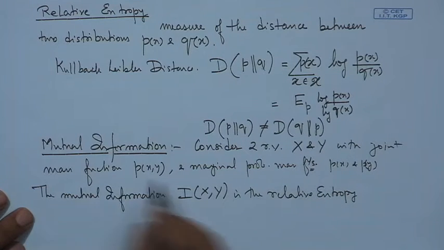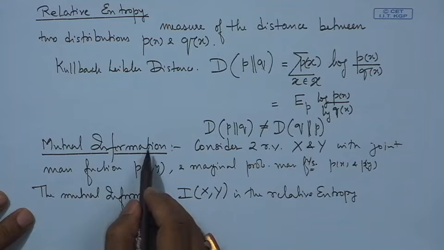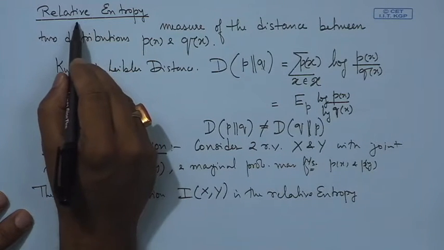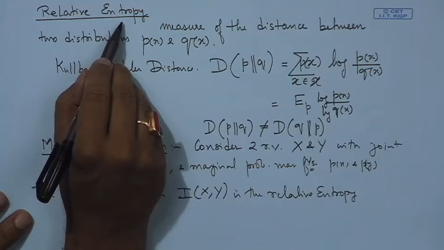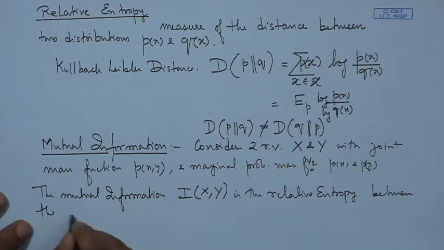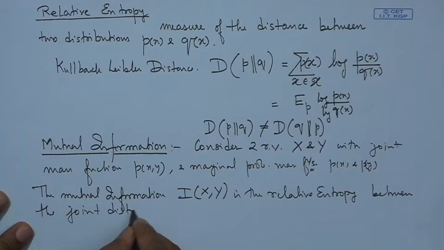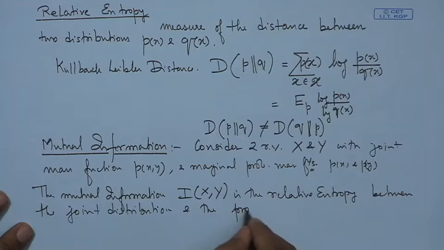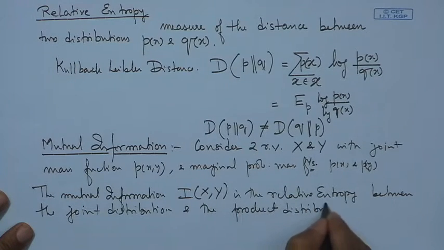See, capacity is defined in terms of mutual information, mutual information is defined in terms of relative entropy, and relative entropy is defined in terms of entropy. So all these things follow in suit, and therefore we have to develop one after the other. So the relative entropy between the joint distribution and the product distribution.